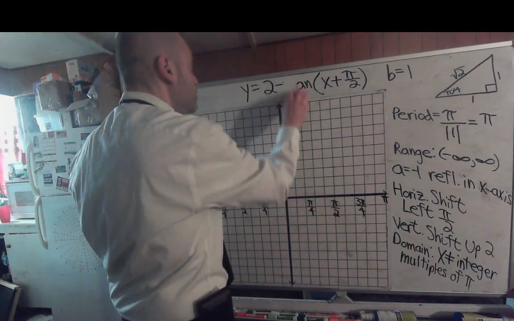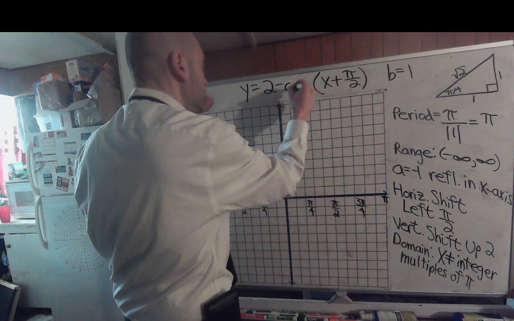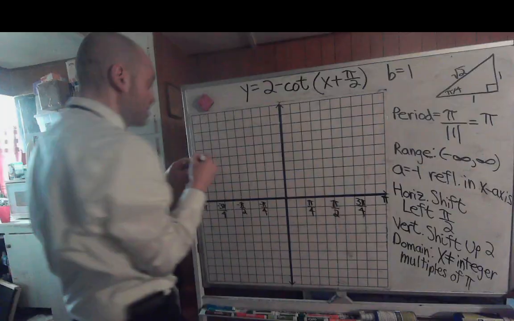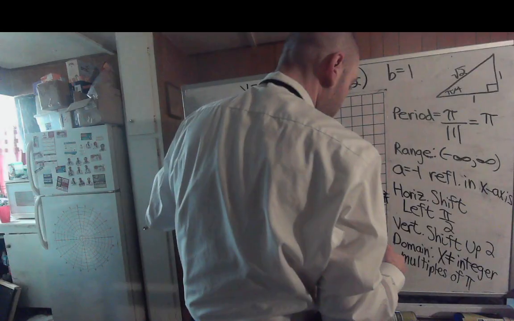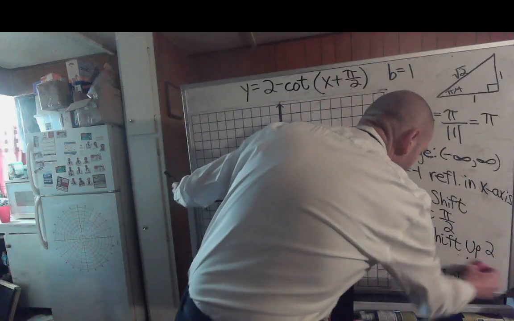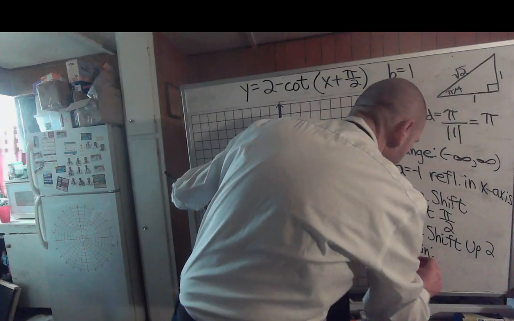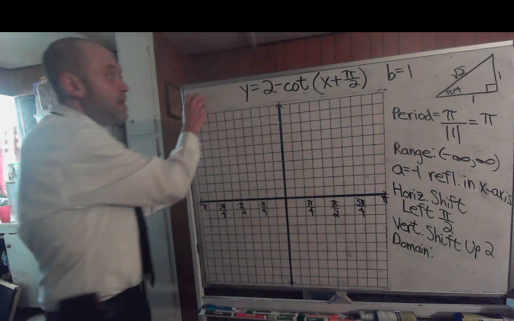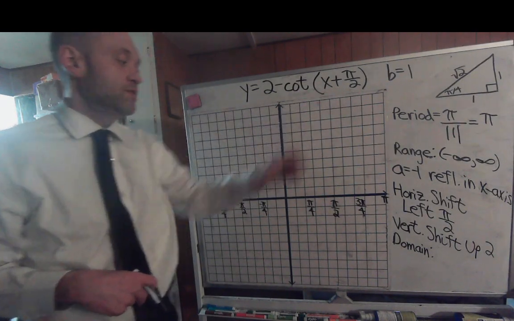Alright, so let's see here. Let's turn this into cotangent. Your domain's going to change, that's for sure. So we're given y equals 2 minus the cotangent of x plus pi over 2.